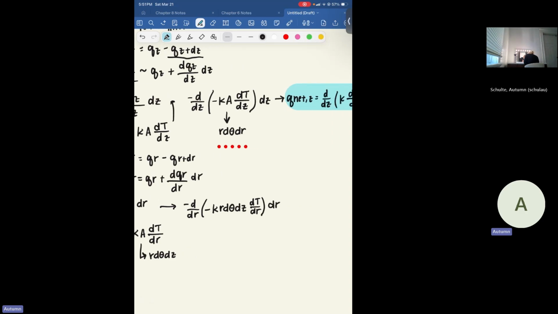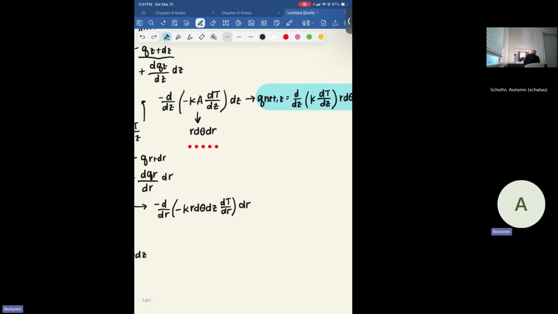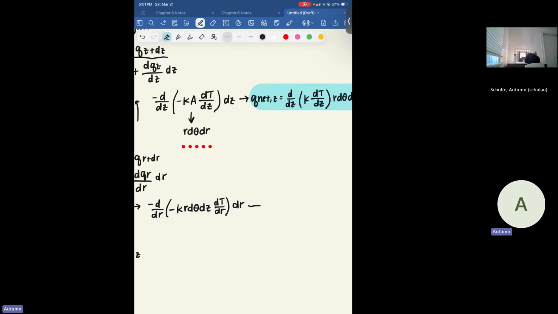Notice this time we cannot take out this entire area term because obviously this radius term is going to be needed in this derivative as it's dependent on r. But we can take out d theta and dz.